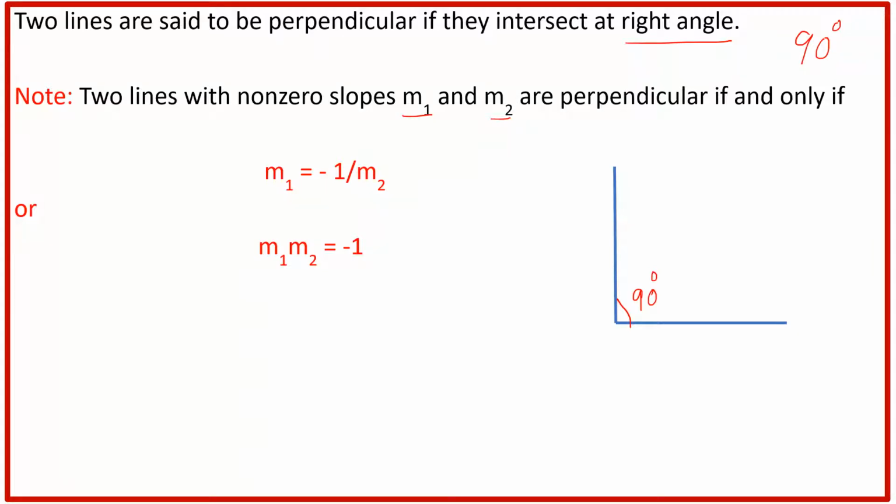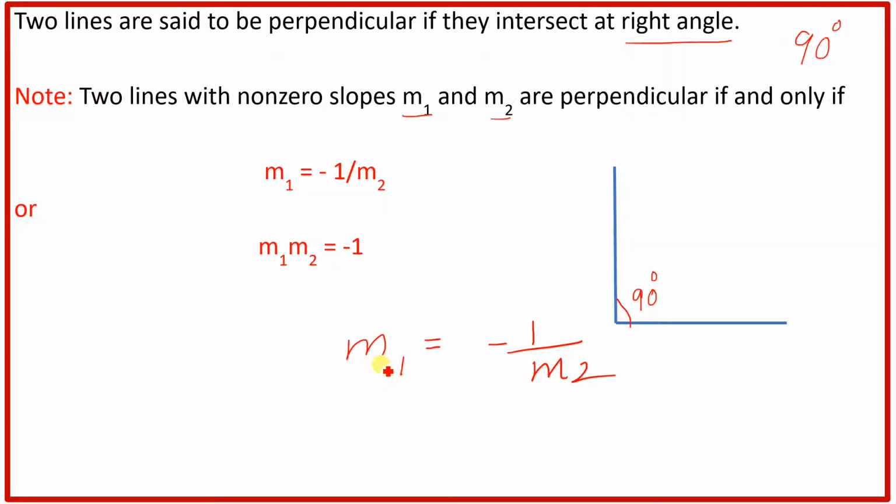One more time I will read it for you, then we will discuss. Two lines with non-zero slopes, so the slope should not be equal to 0, are perpendicular if and only if m1, the slope of the first equation, is equal to -1 over m2.